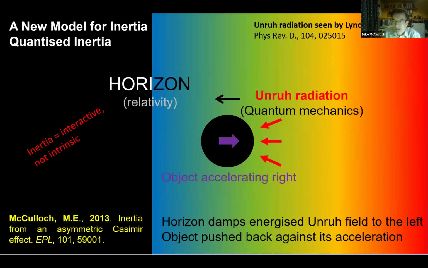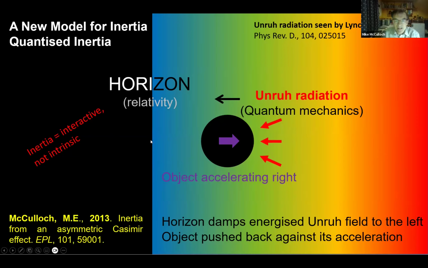He found it in CERN data, where they fired positrons into a silicon crystal and it decelerated very rapidly and emitted radiation which looked just like Unruh radiation. So it has now been seen. So this object will see Unruh radiation, and I've tried to show that with this red coloring. But the object is always also accelerating to the right, so it'll see a horizon behind it. Information from this black area won't be able to catch up with it. So there'll be a horizon.